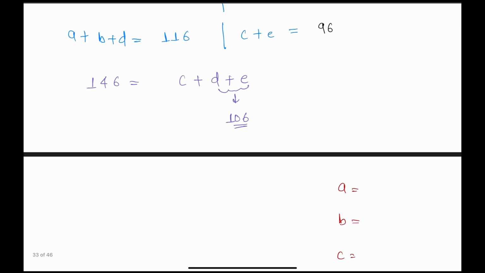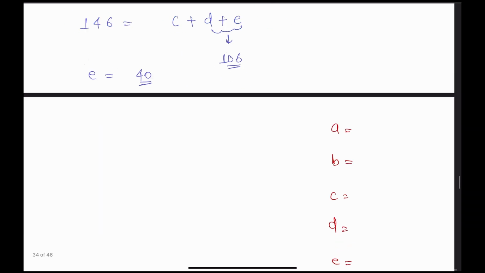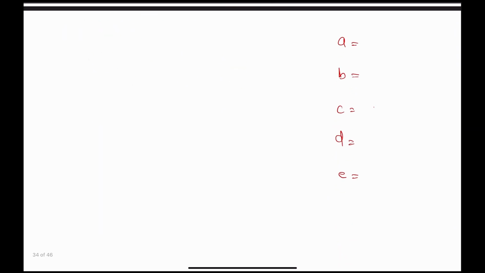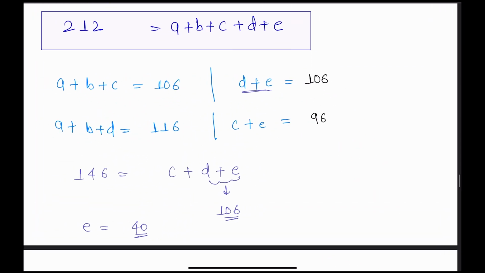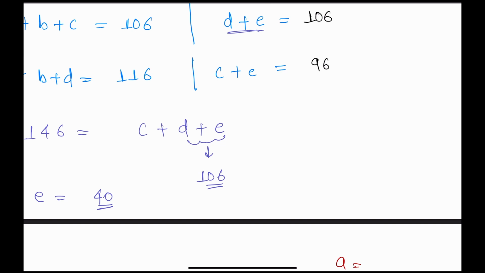So can I just say that e will be 40? Just write e is equal to 40 kg. So one we have already solved. If again e is 40 kg, then c will be how much? 56 kg.